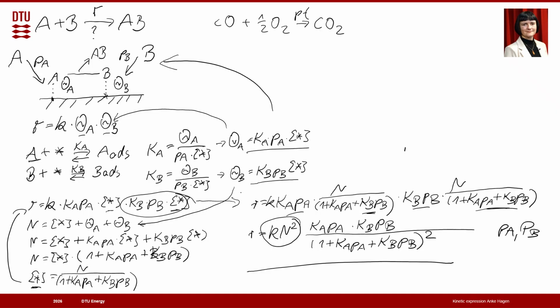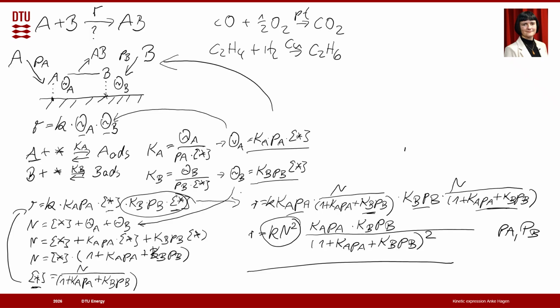Another example is the hydrogenation of ethylene on copper catalysts to give ethane. This mechanism where the two species are adsorbed and react with each other is called Langmuir-Hinshelwood.